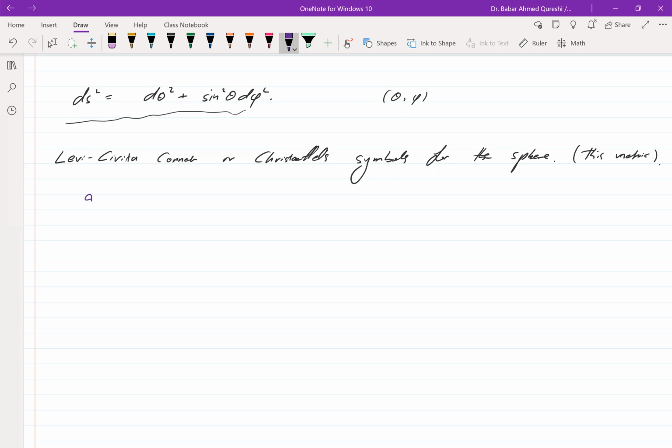Now we have g theta theta is 1, g phi phi is sine square theta. So the inverse g theta theta would be 1 and g phi phi inverse would be 1 over sine square theta, because it's just diagonal.